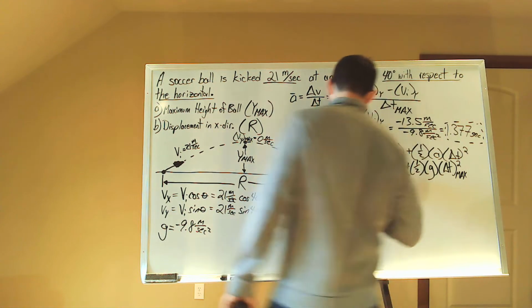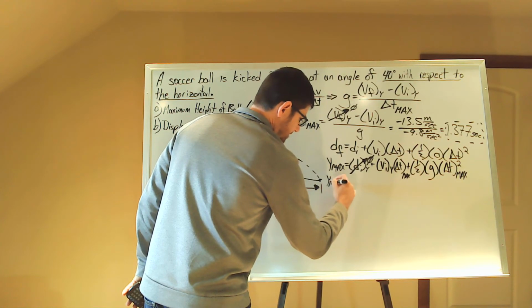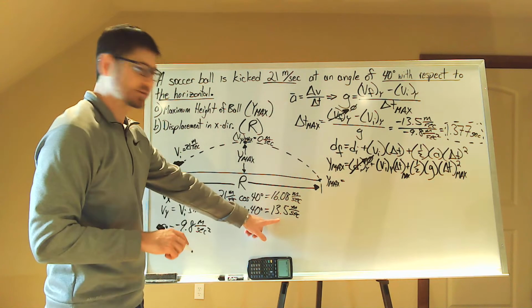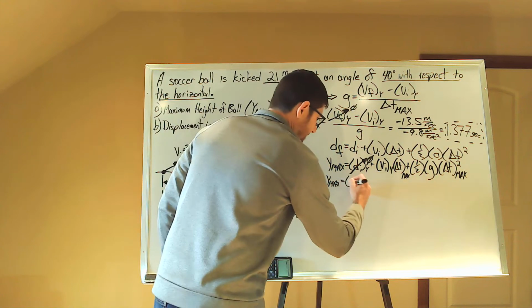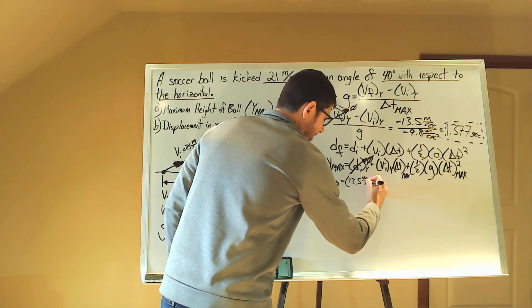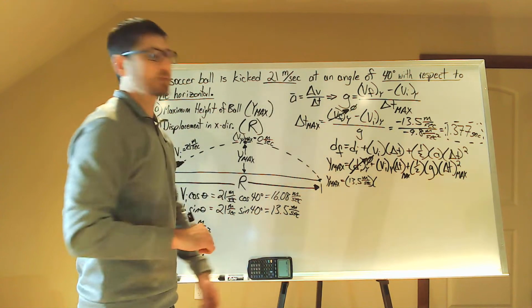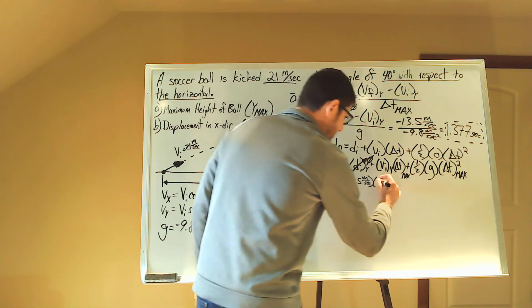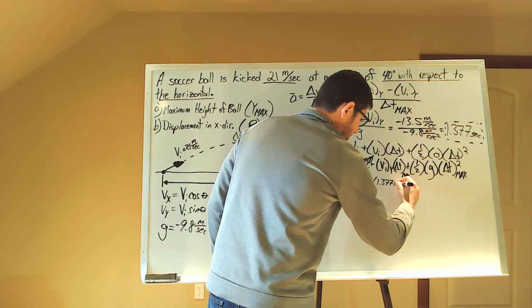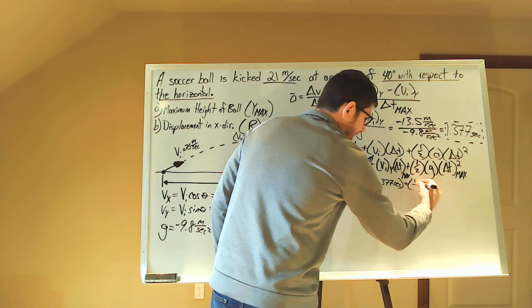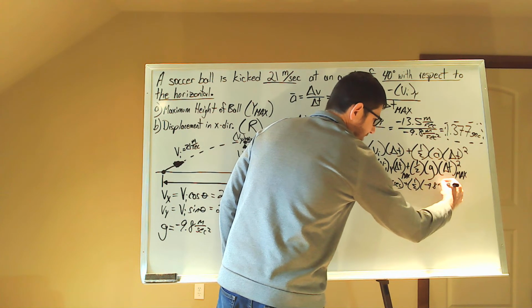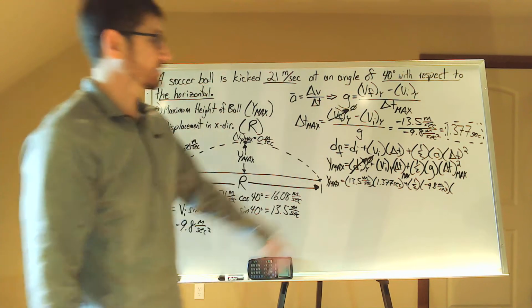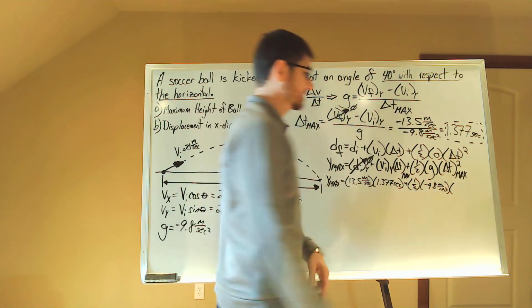So y max is equal to initial velocity in the y direction, 13.5 meters per second, times the time interval to the maximum height, 1.377 seconds, plus 1/2 times negative 9.8 meters per second squared, multiplied by delta t max squared, so 1.377 seconds squared.